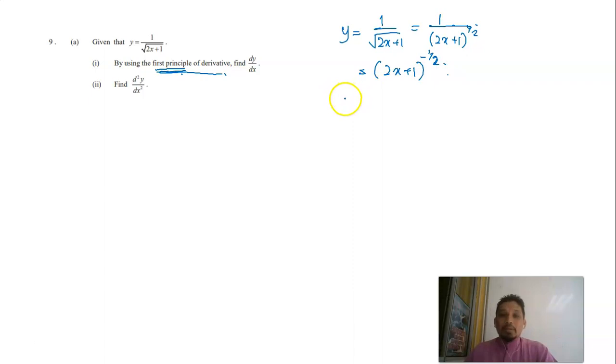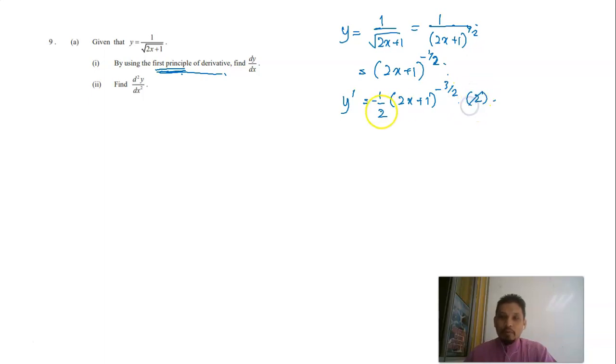So y prime, or dy/dx, is negative half in front, negative 1 over 2 times 2x plus 1 to the power of negative half minus 1, which is negative 3 over 2. And that's not all, we multiply with the derivative of 2x plus 1, which is 2.